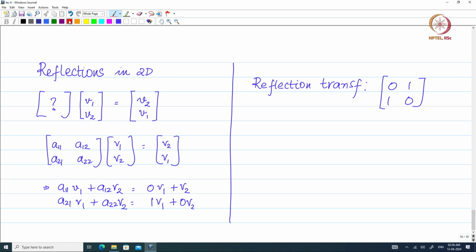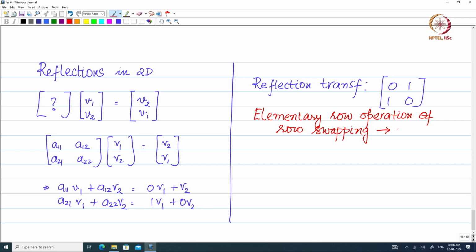In fact, you may recall that when we did elementary row operations, the row swapping is carried out using this matrix, the matrix 0 1 1 0.